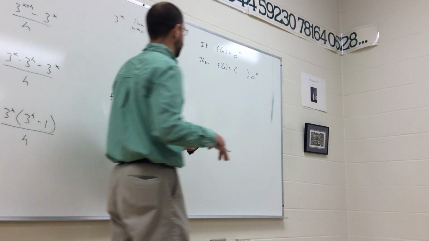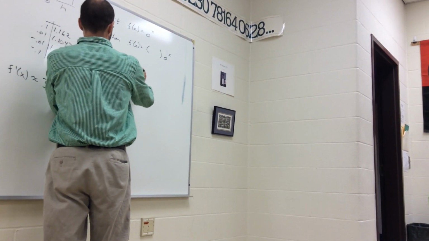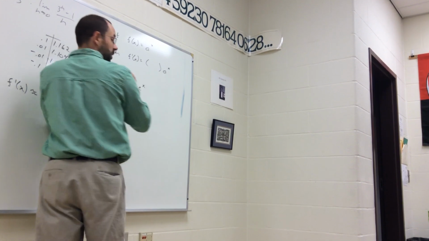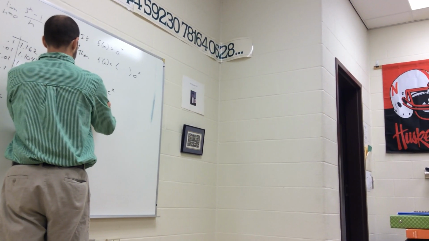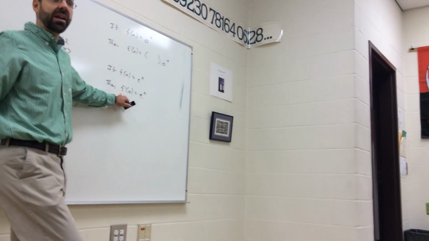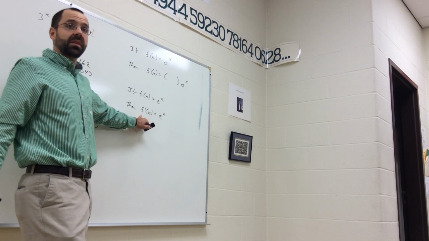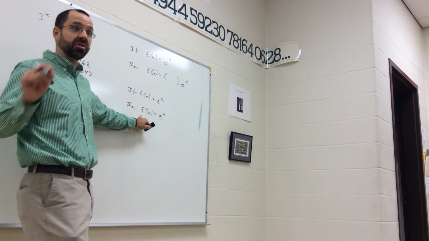Okay, so off to the side here, this is an interesting fact. If f of x is e to the x, then the derivative is also e to the x. That is kind of strange, because usually the original function and the derivative are different functions, right?